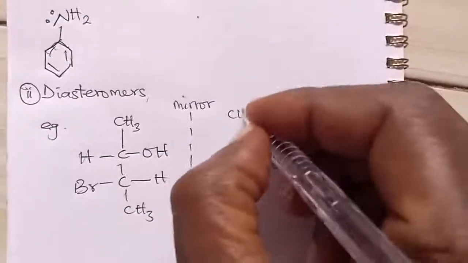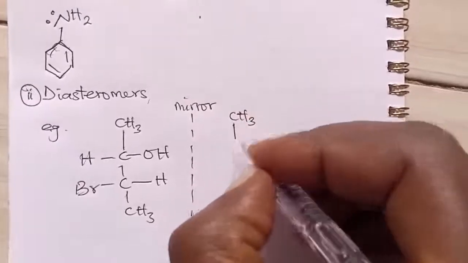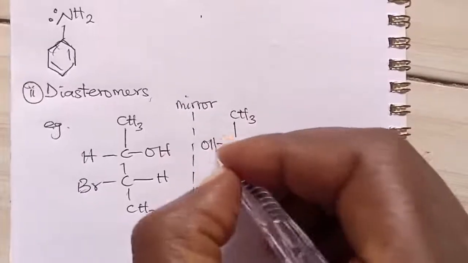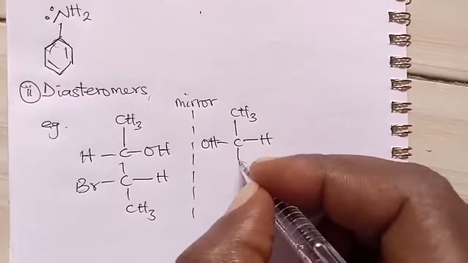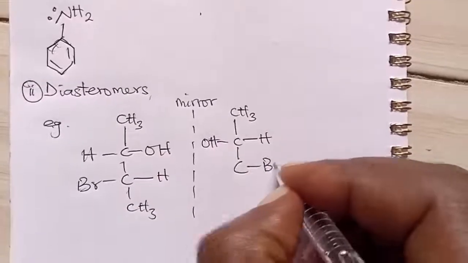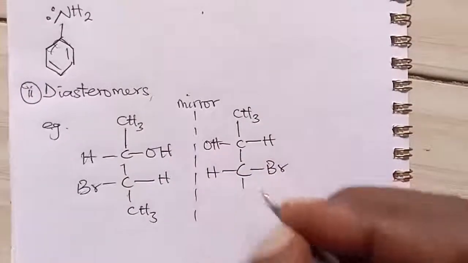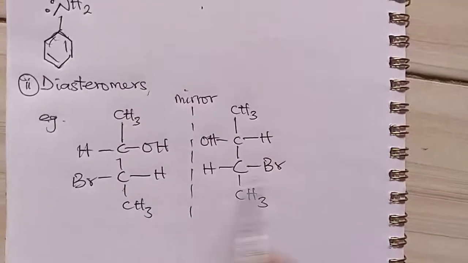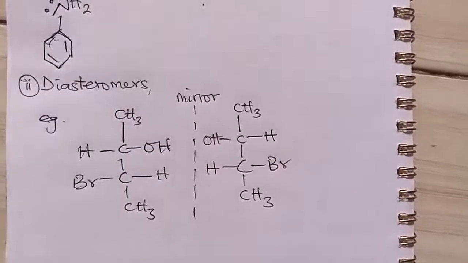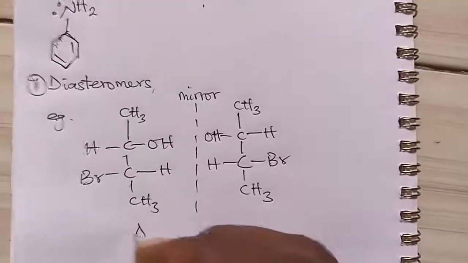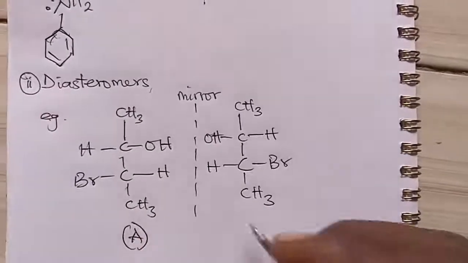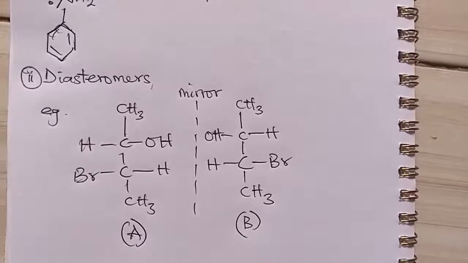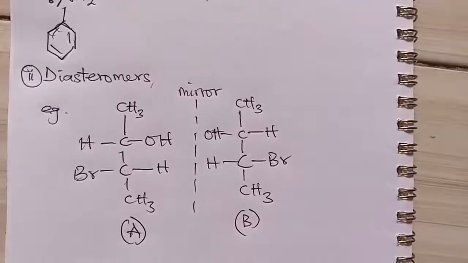Then on this other side, we still have methyl, C, H, OH, then we have C, bromine, then H, then we have CH3. So you look at the two of them, you can see they are not mirror images. This different compound, we call it compound A, we call this compound B. So you notice that they are not mirror images of each other, and they are non-superimposable.